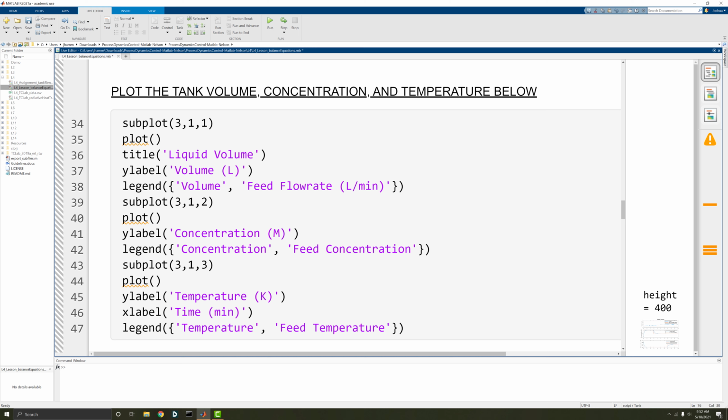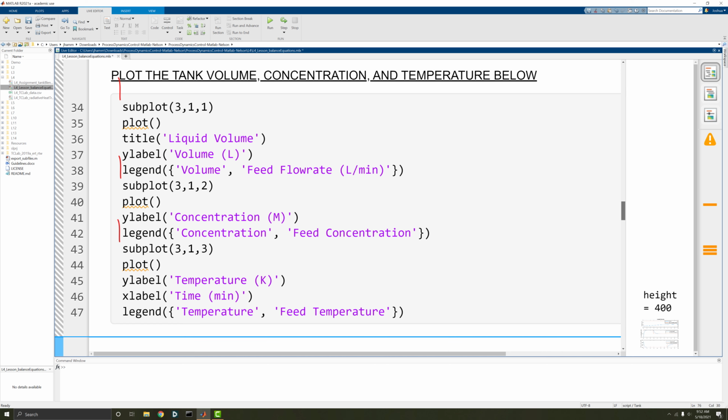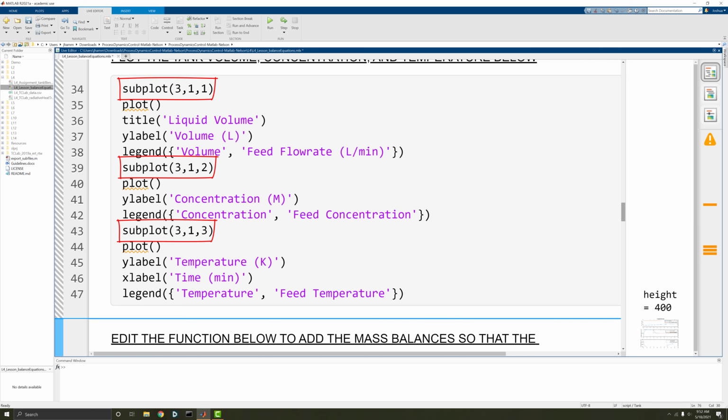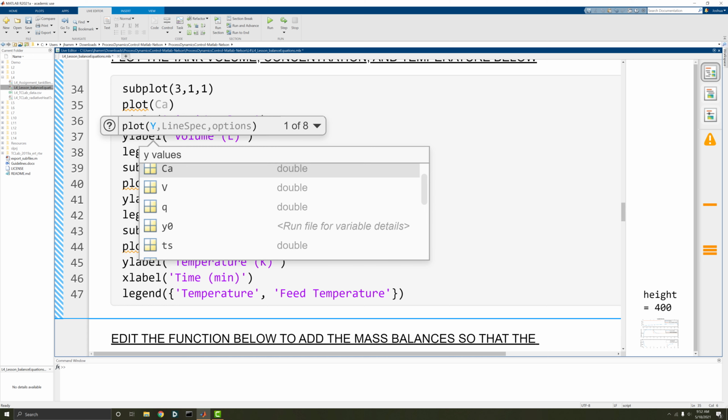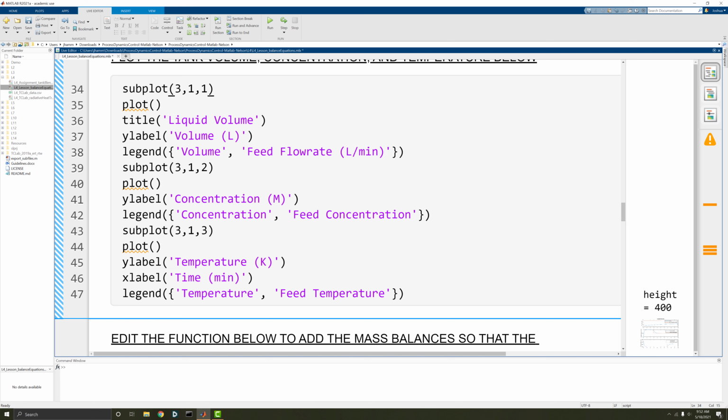Finally, we're going to plot. We're going to use subplots to do this. The subplot numbering is first the row, then the column, and then whichever figure it is. So we're going to have 3 rows, 1 column, and it's figure number 1. And then we're going to plot each of these plots. So let's go ahead and look at the key and we'll be able to come up with the plot together.